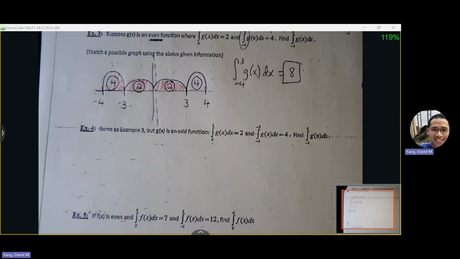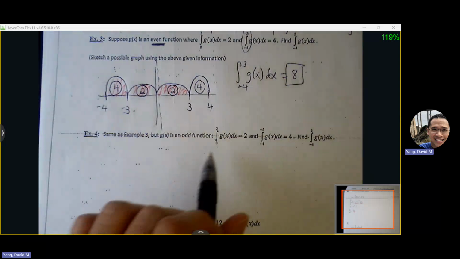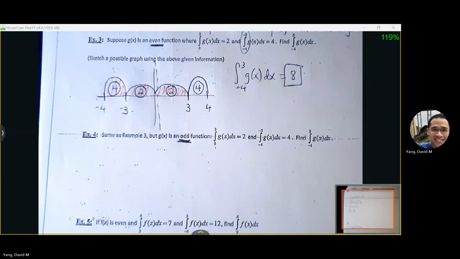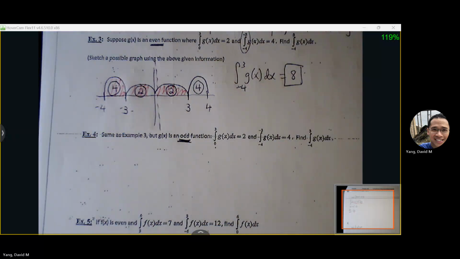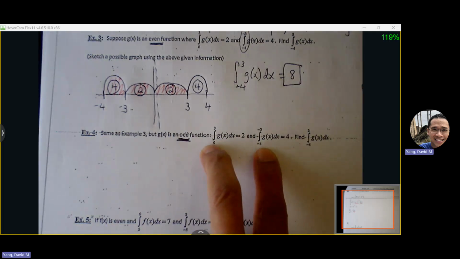Okay, example 4. Same as example 3, but now it's an odd function. So again, pick the smaller interval.